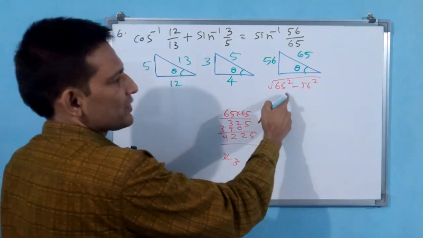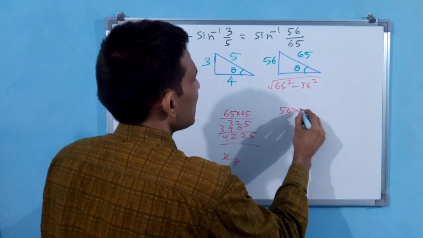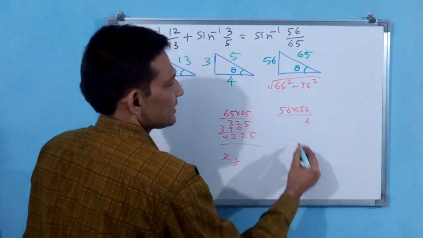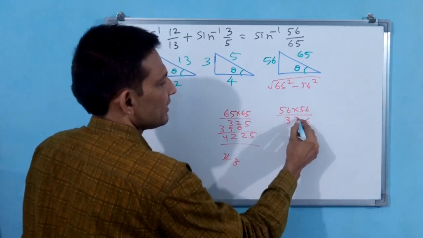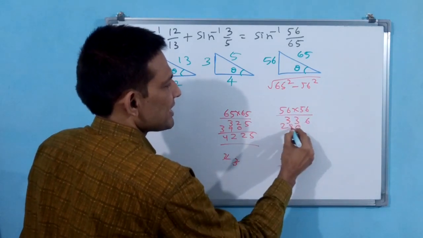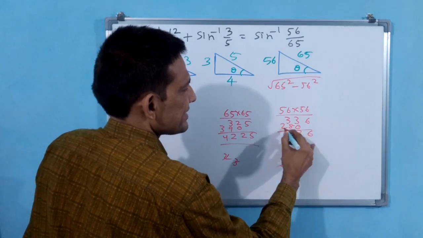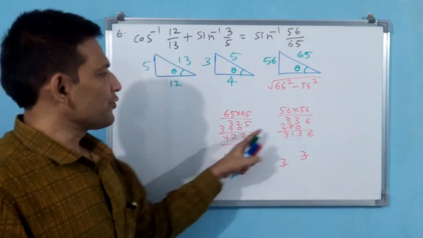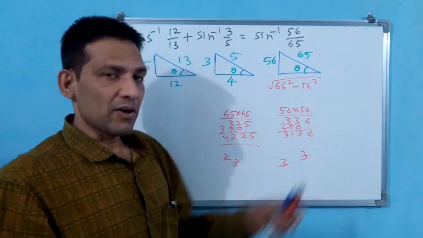This is for 65 square. Now 56 square: 6 6s are 36, 6 5s are 30, 33. 5 6s are 30, 5 5s are 25, 28, 31, 36. See, 42, 25 minus 31, 36 under root.